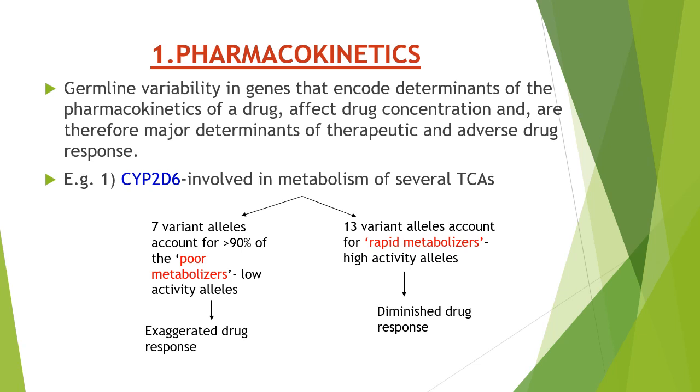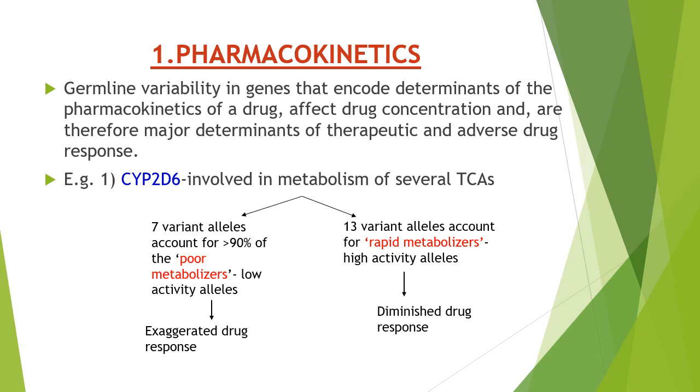For example, cytochrome P2D6 is involved in metabolism of several tricyclic antidepressants. There are 7 variant alleles that account for more than 90% of the poor metabolizers. They are low activity alleles. Therefore, the drug is metabolized poorly, and therefore the response of the drug will be exaggerated.